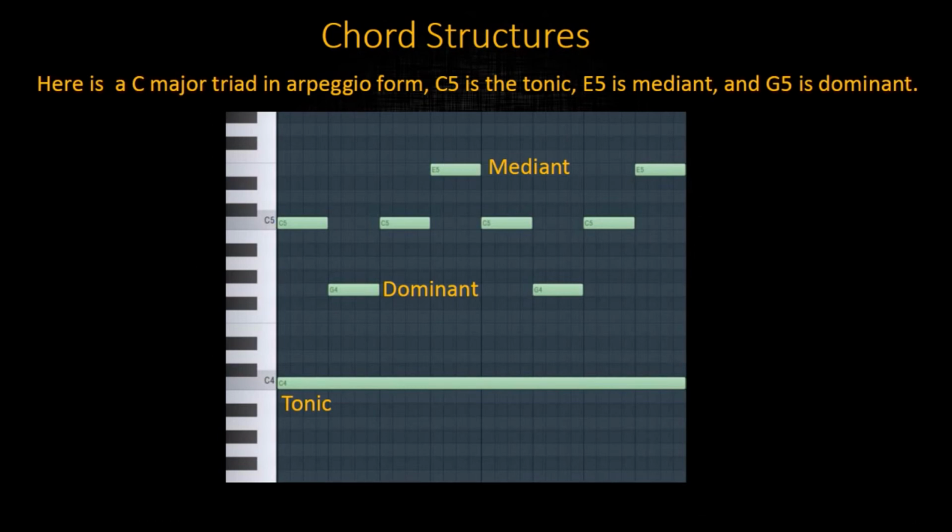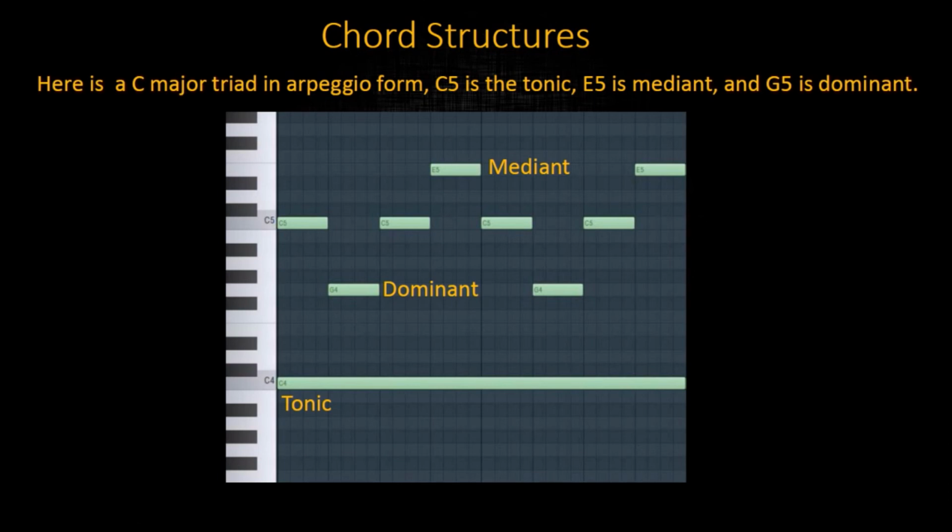As you can see, we have our notes subdivided into eighths. This is zoomed in, so it may not look like an eighth, but it is an eighth, trust me. We have our tonic, our dominant, and median at different positions, so that it's almost as if it's an inversion.